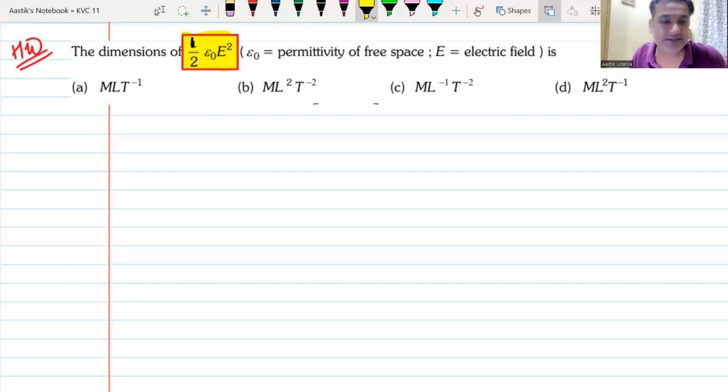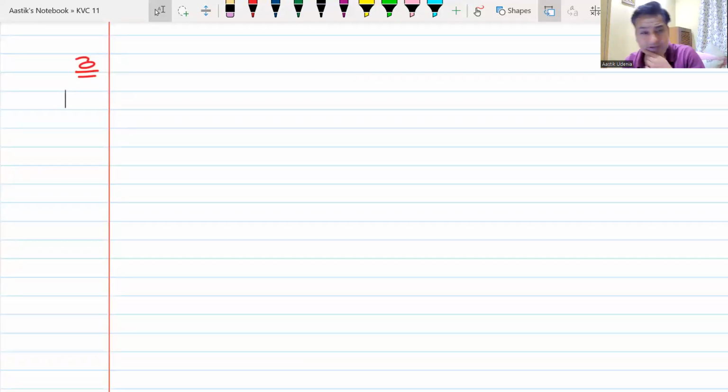And the next use of dimensional analysis. We have seen the first use. The first use was to convert from one unit to the other unit, from MKS to CGS. The second one was to find the dimension of unknown quantities.